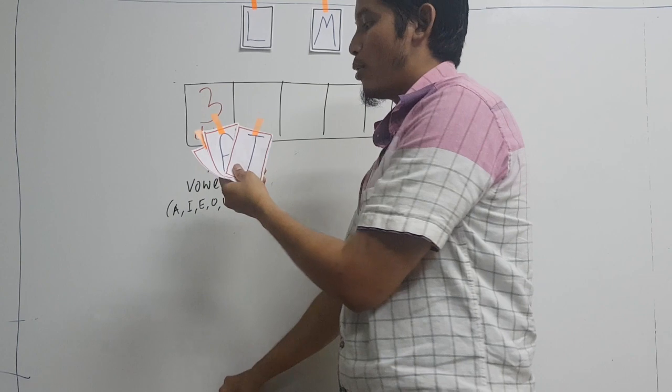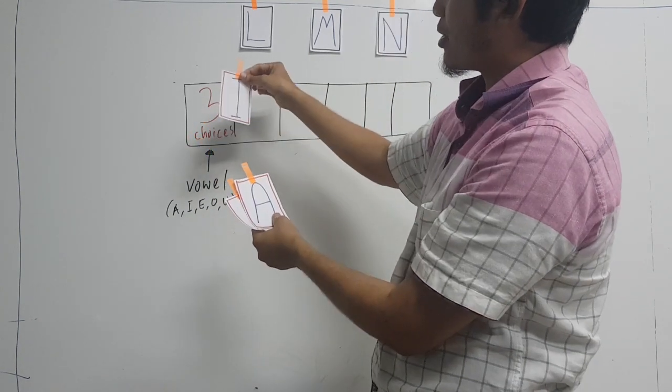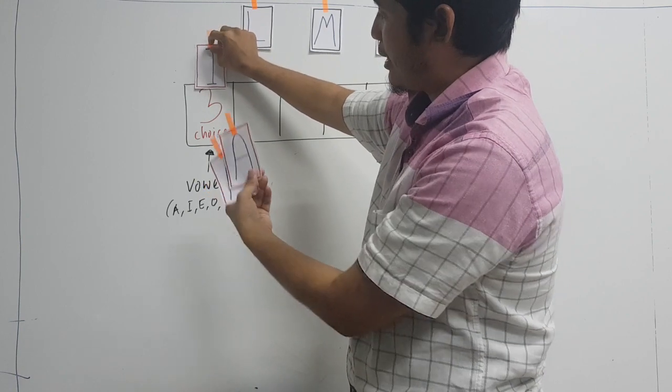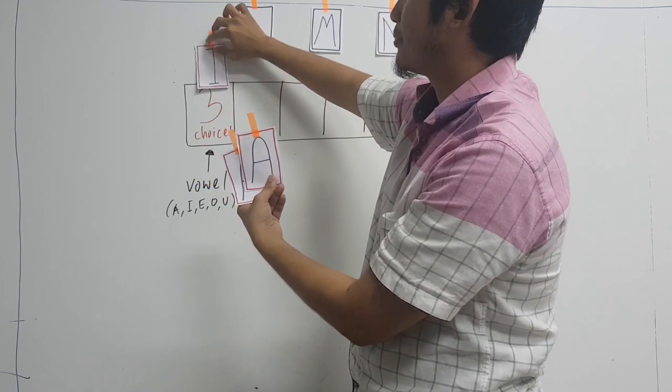Let's say we put I in the first box. It's okay, I or A is no problem.